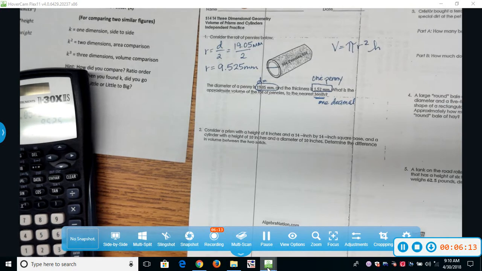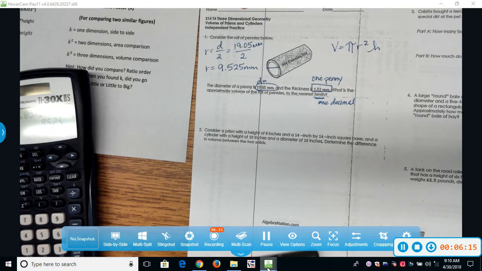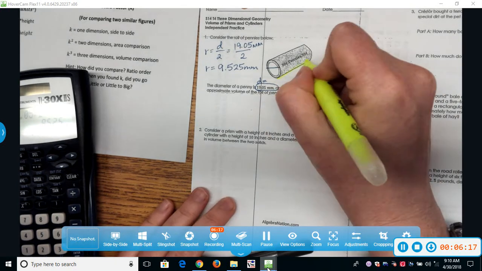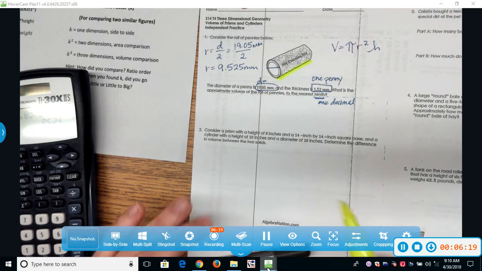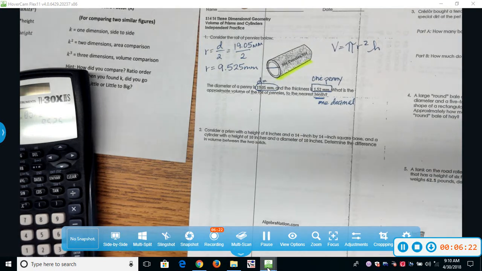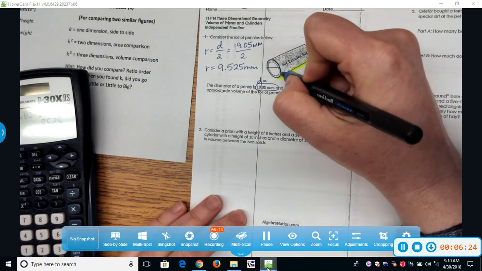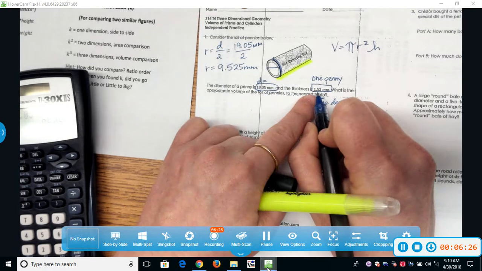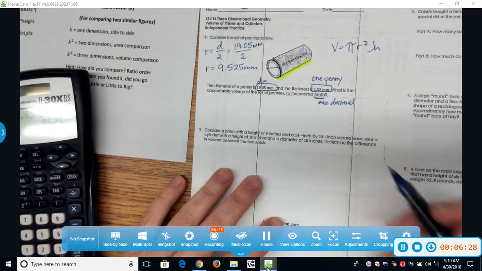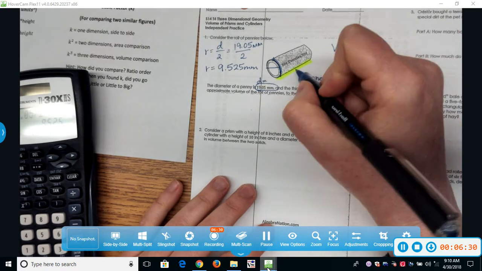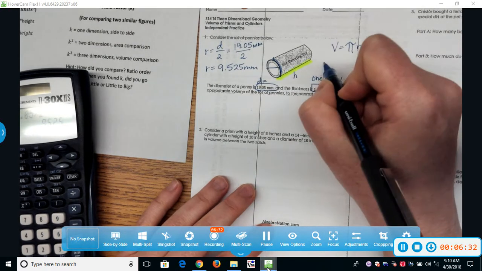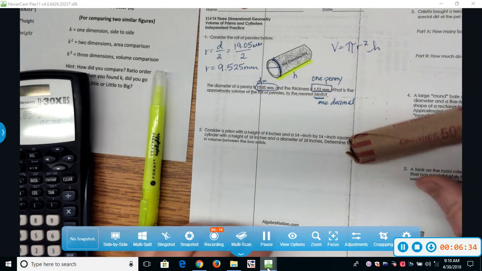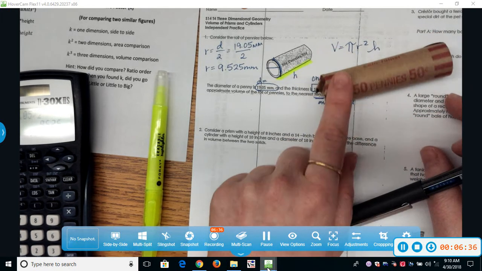The other thing I need, the other dimension, the third dimension, is the height. Okay? I know that one penny has a thickness of 1.52 millimeters. Okay? So in order to get this height, how many pennies are in this roll of pennies?